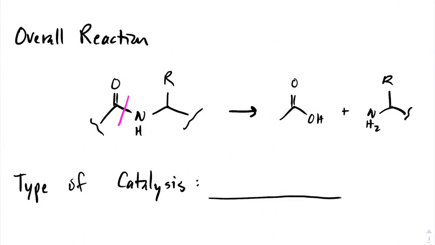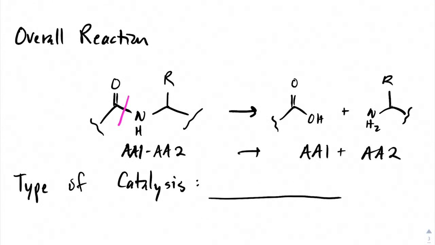And of course, this is just the rest of our amino acids. So what we have here is we have amino acid 1 to amino acid 2, and it'll break that into 2 separate amino acids. So the type of catalysis is called covalent. And I'll show why this is covalent catalysis throughout the rest of this video.